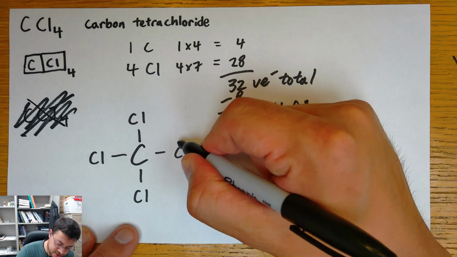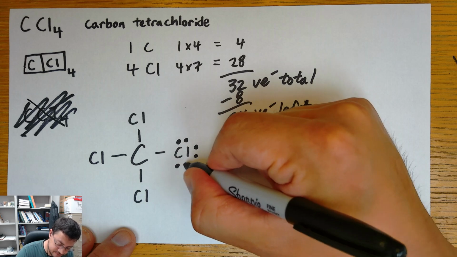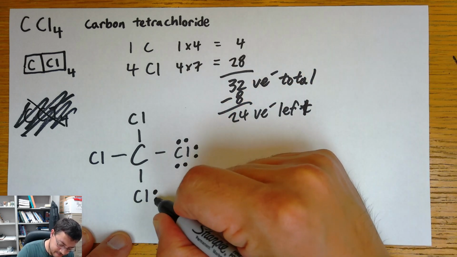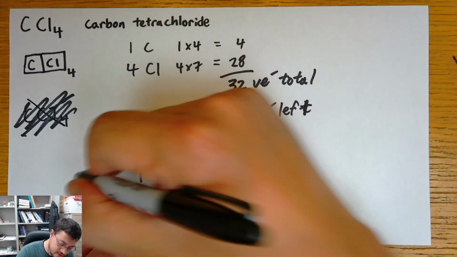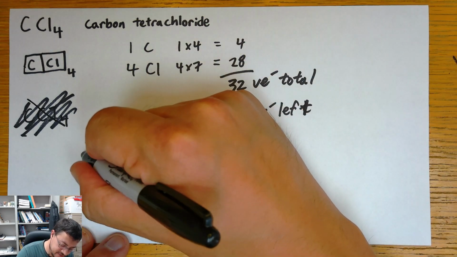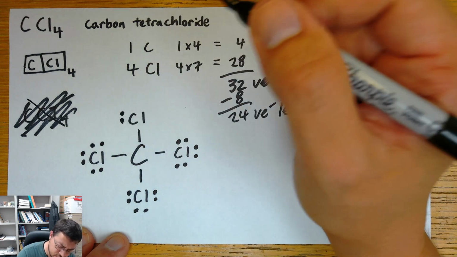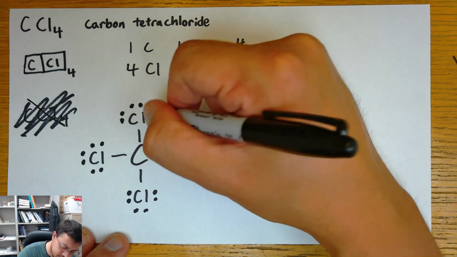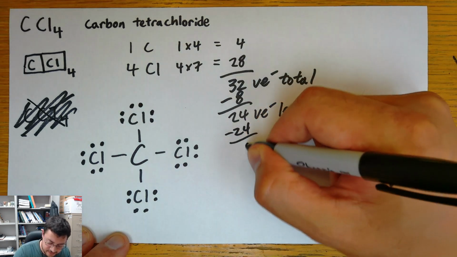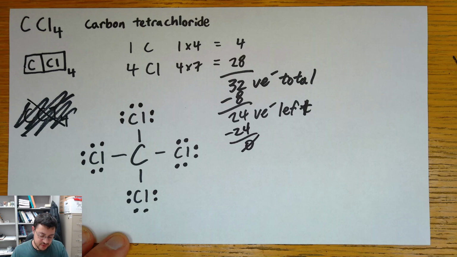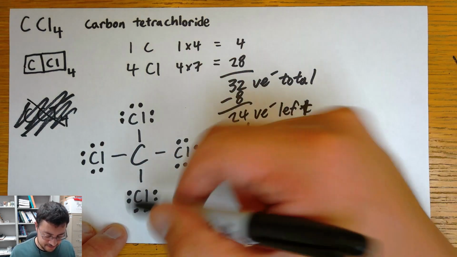So we'll work in twos. 2, 4, 6, 8, 10, 12, 14, 16, 18, 20, 22, 24. We have spent all 24. We have 0 left. We know we got all the chlorines to octet.